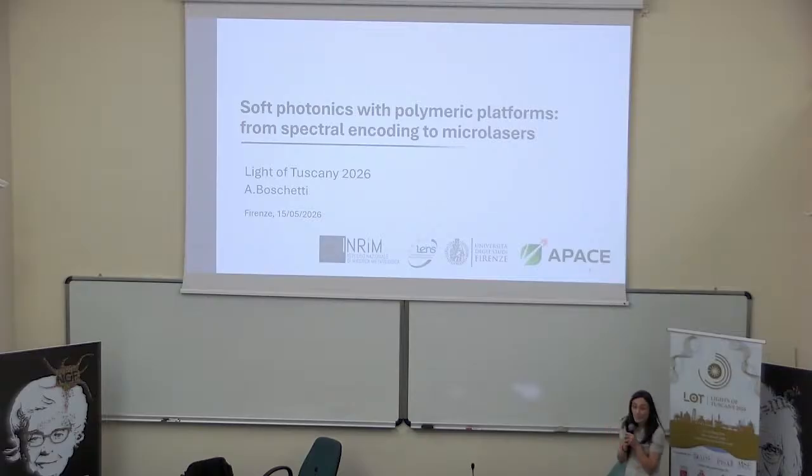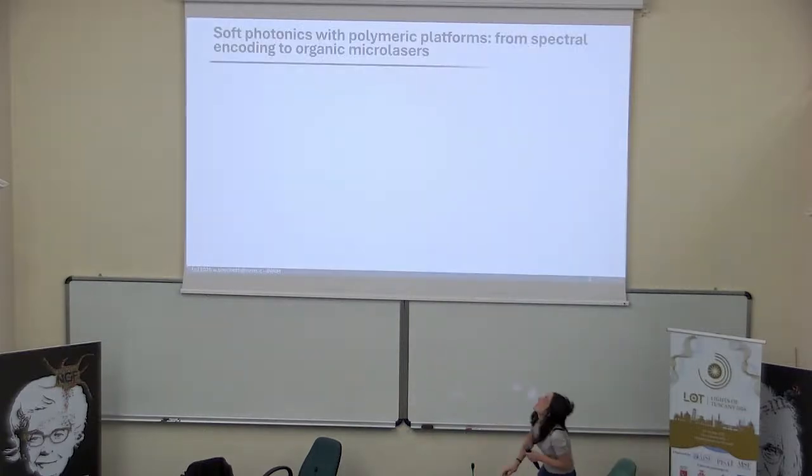Primary platform for micro laser and spectral encoding. So the general idea is that soft polymeric platforms are plentiful and versatile for many applications involving photonics. The talk will be divided into two main parts.